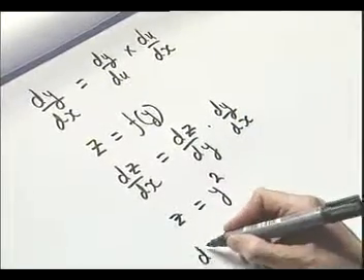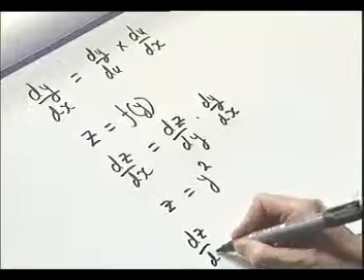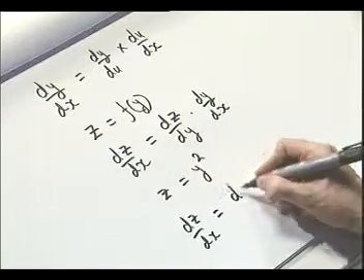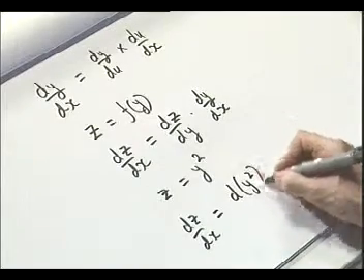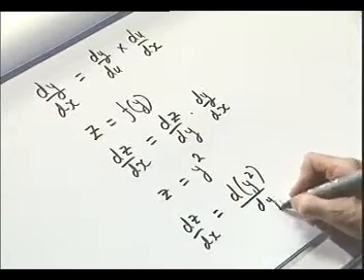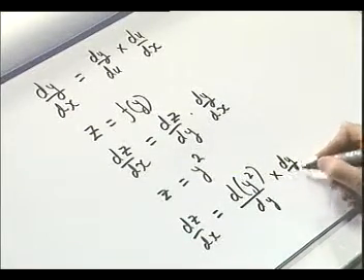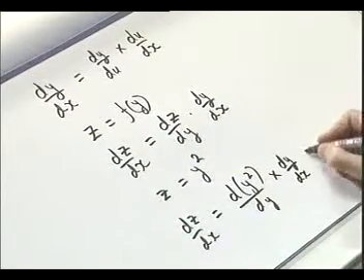Then dz by dx would be equal to the derivative of y squared with respect to y times dy by dx.